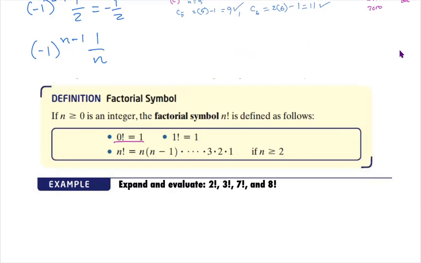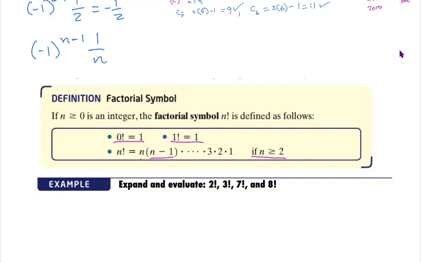Factorial of 0 is 1. That's the definition. Factorial of 1 is 1. And for any other n that is greater than 1, you're going to do n times the number next after n, and so on until you get to 1. You multiply them all.